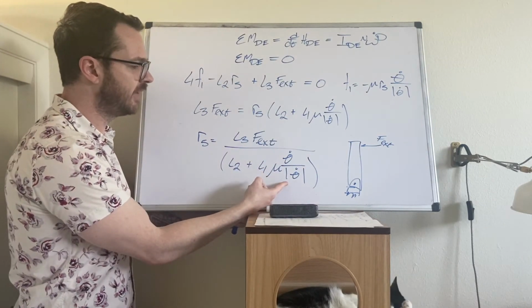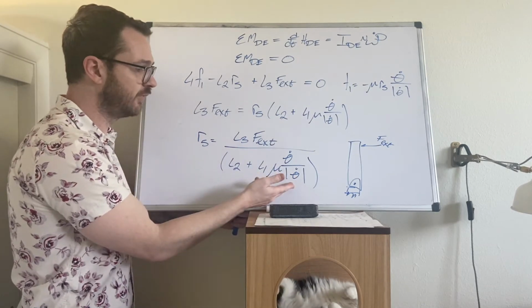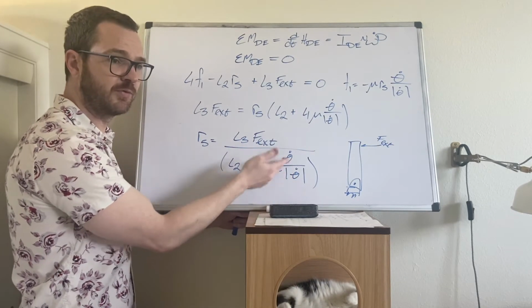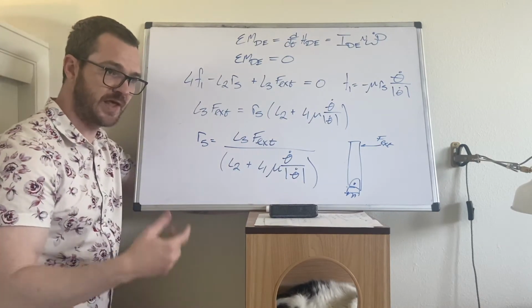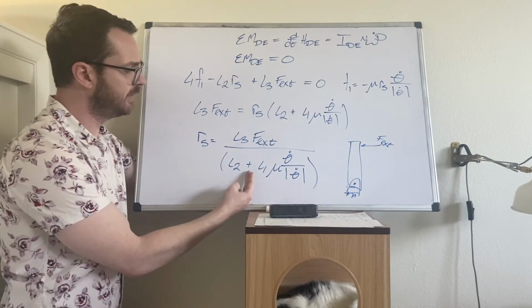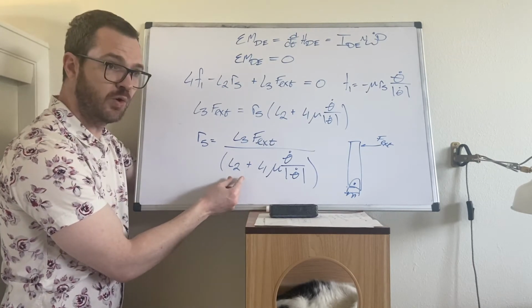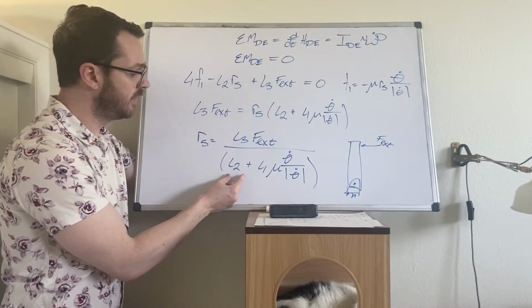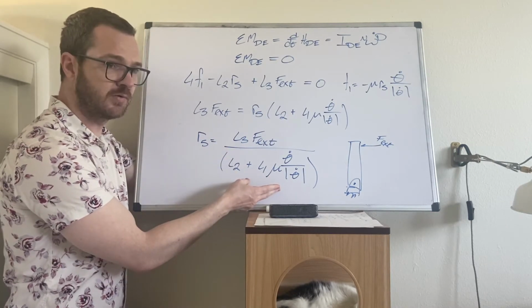The theta dot term ends up being the sign of theta dot. This is just going to switch back and forth between +1 and -1, which means depending on the direction the disk is rotating, this becomes positive or negative, so this number will add to or take away from L2. So you can either divide by a larger number or a smaller number.